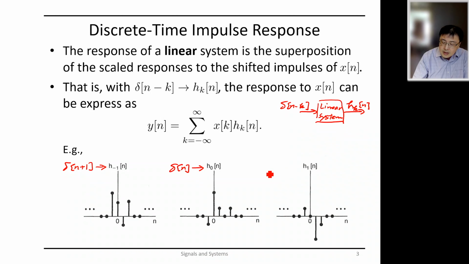And if you insert an impulse at time 1, then you would get a response h sub 1 of n, which looks something like this. Okay. So inserting an impulse at different time instants in general will give you different responses at the output. Okay.